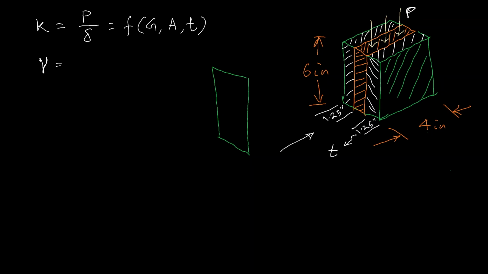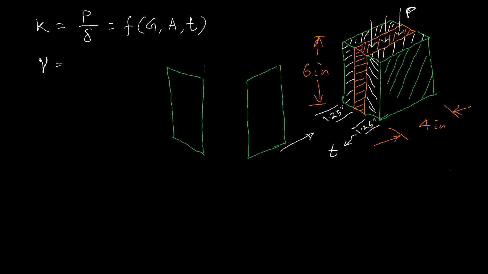Maybe I'll shift this a bit here. So the other side also will look something like this, and this is the deflection delta, and this is the thickness T, right?